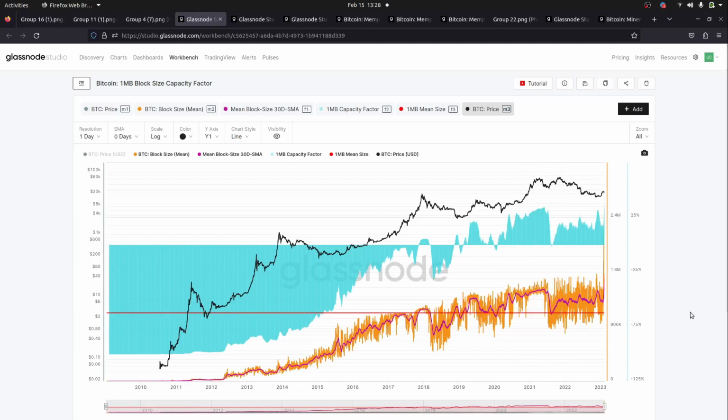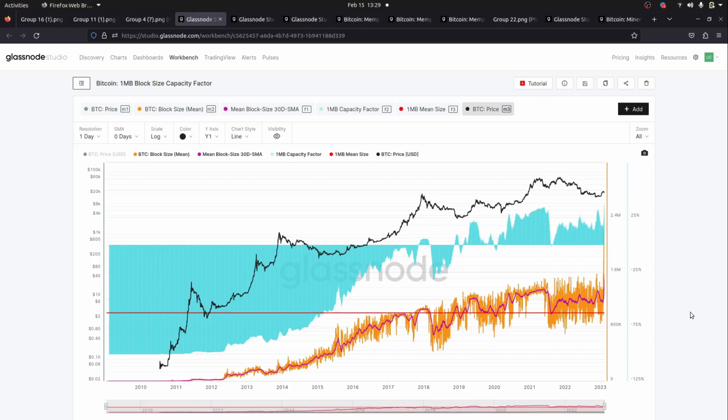Now, in theory, the block is allowed to have 4 megabytes in total, but it's not quite that simple because the data structure for Bitcoin is split into two components. There's the transaction component: sender, receiver, input, output, volume spent, things like that. And then there's the witness portion of the data, which is the signatures, the cryptographic proofs, the validation system. Within those, there are 4 million weight units.